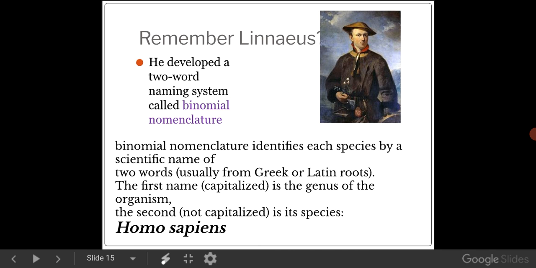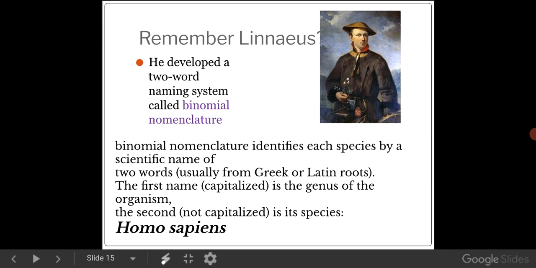And the reason that they use Latin for the most part is because it's a dead language, which means it's not a language that people still speak, so it's not changing. For example, English, we still speak English, and you'll know English changes a lot. The meaning of words change.